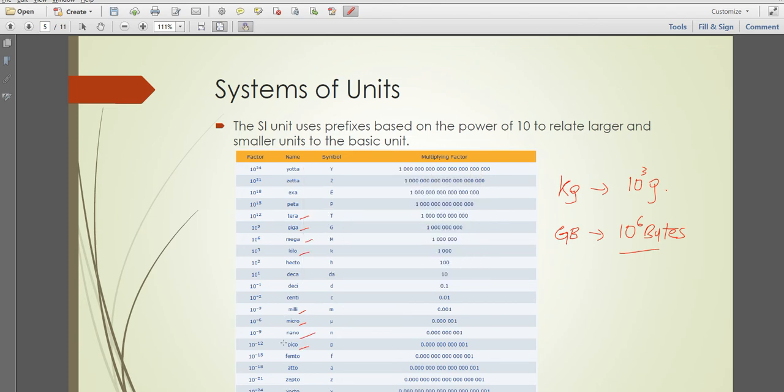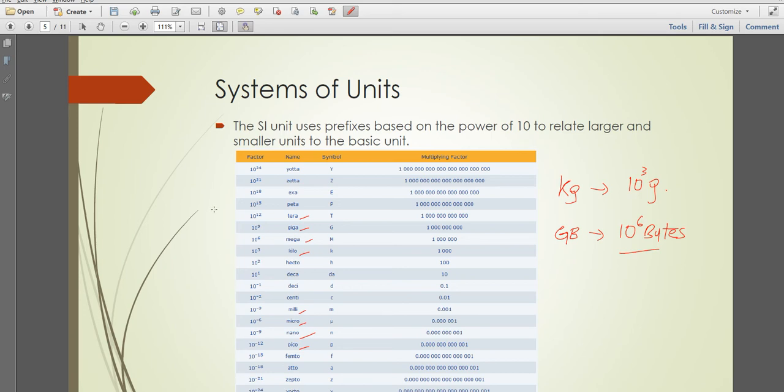Those are the main ones you will hear during this semester. For example: millifarad, milliamp, microhenry, nanoamp, nanovolt, picoamp. Those are things you have to get used to.